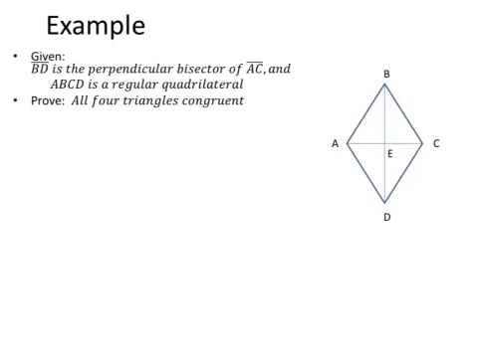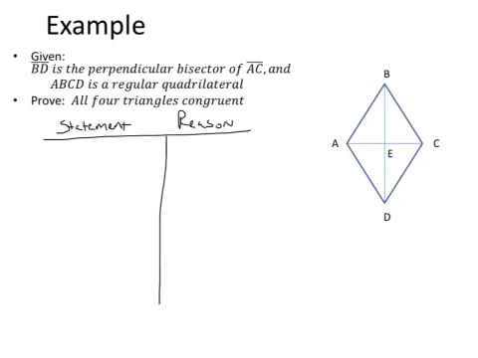So, let's write this down. We have our statement, and we have our reason. So, we are given that ABCD is a regular quadrilateral. Just call it a regular polygon.